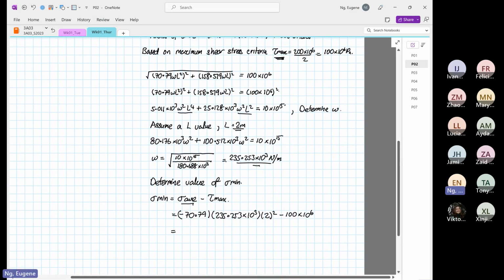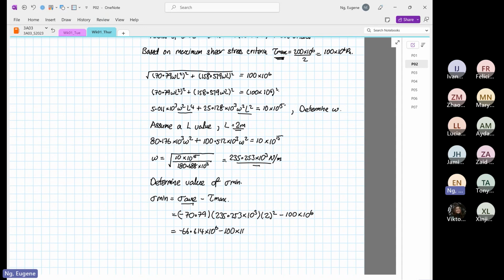So this value will be equal to minus 70.79 times 235.253 times 10 to the power 3 times 4, so minus 66.614 times 10 to the power 6, minus 100 times 10 to the power 6. So this is equal to minus 166.614 times 10 to the power 6 Pascal.